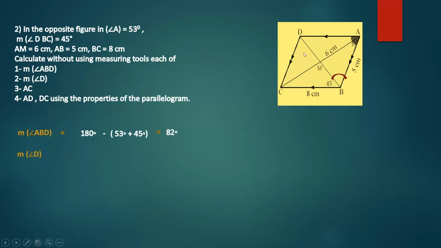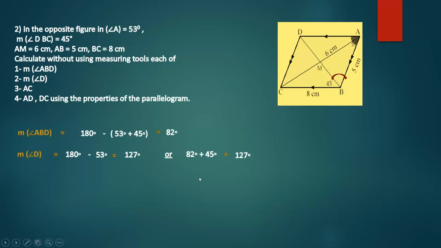Measure angle D. D is opposite to B. So we have two methods to calculate, also consecutive with A. We can do 180 minus 53 equals 127 degrees, or opposite to this angle, 45 plus 82 equals 127 degrees also.